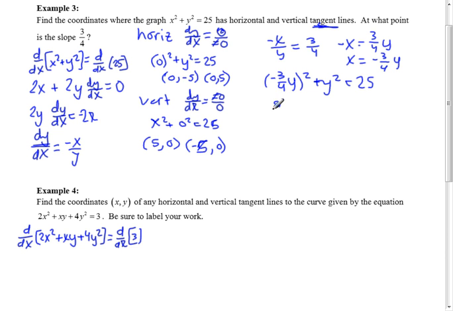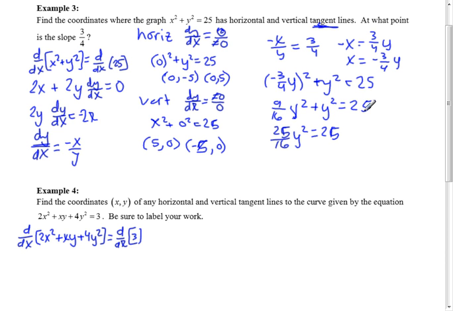Okay, solving that, again, 9/16 y squared plus y squared equals 25. Using a common denominator, 16 over 16, you get 25/16 y squared equals 25.